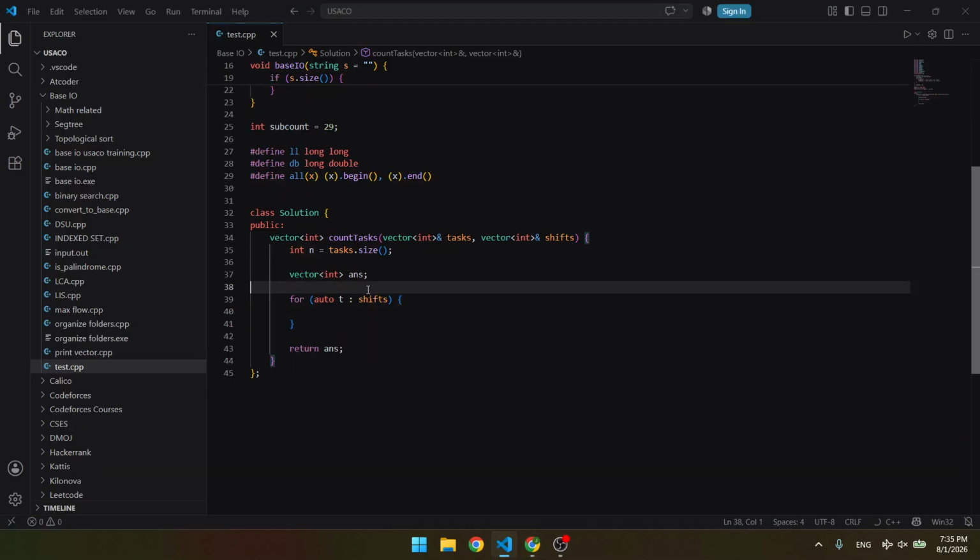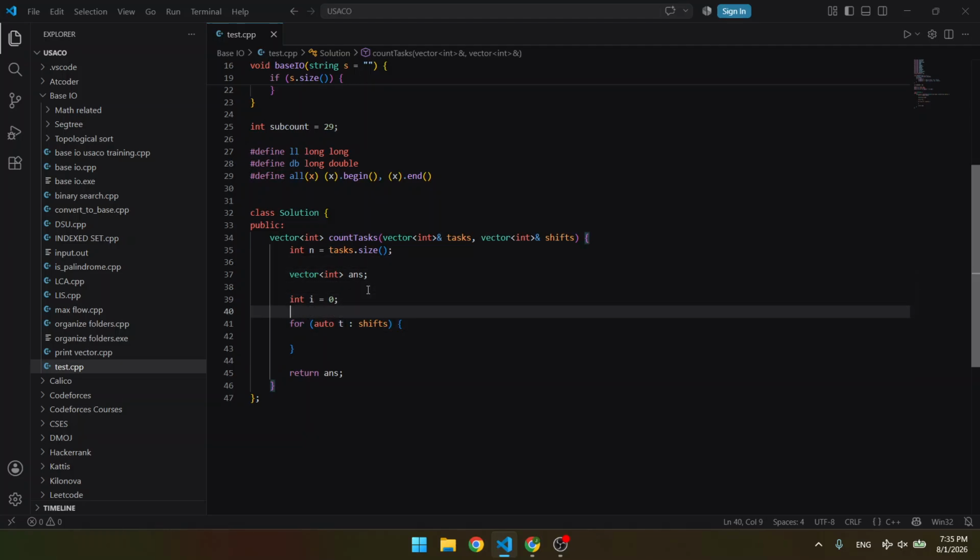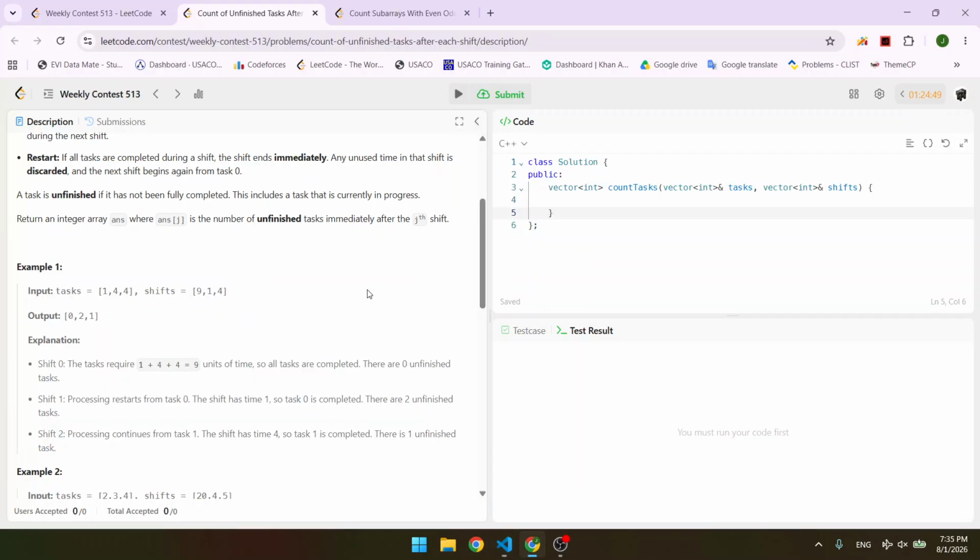Iterating over the shifts, we have our pointer i. Int time equals 0.